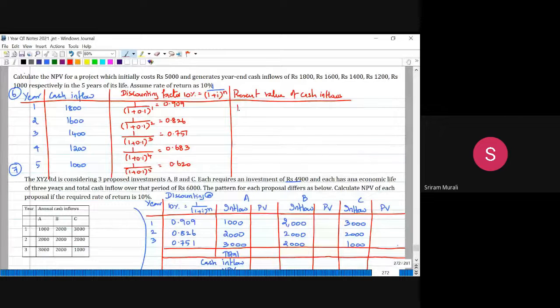First year will be 1,800 into 0.909, that is 1,636.